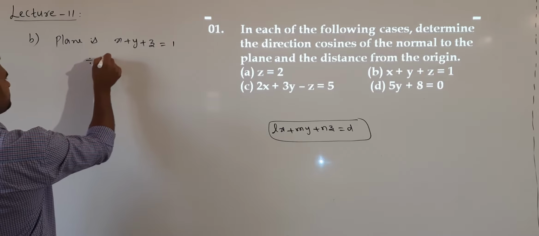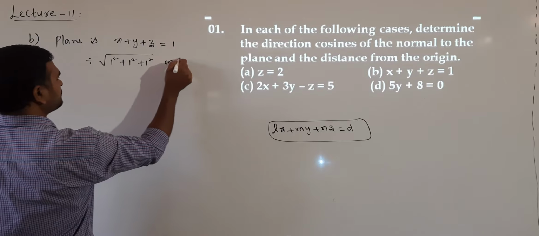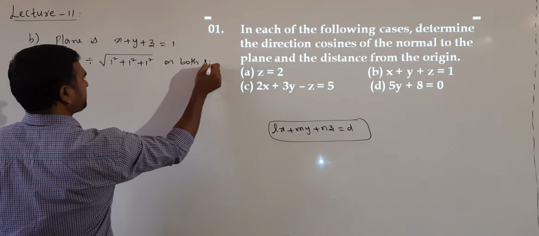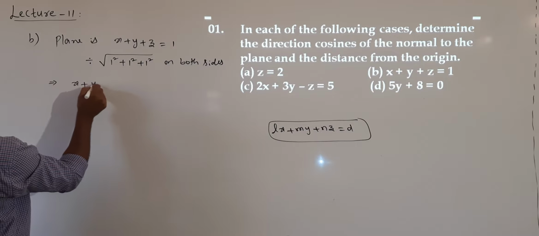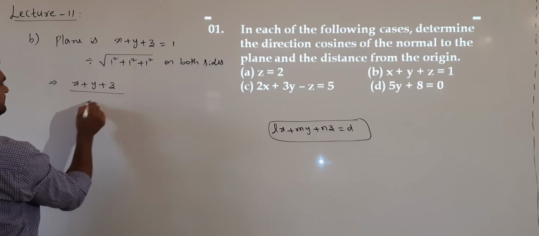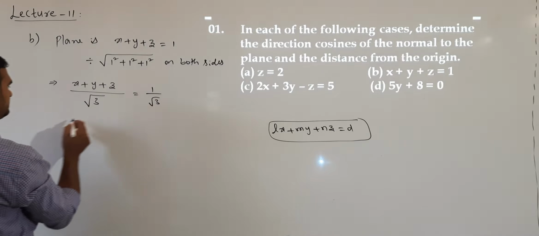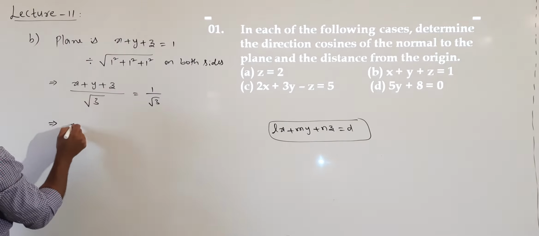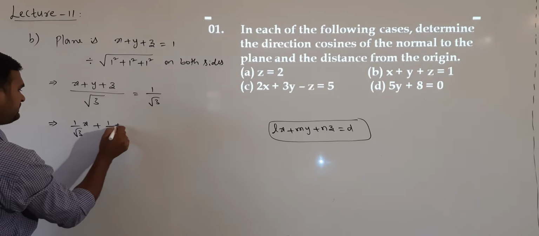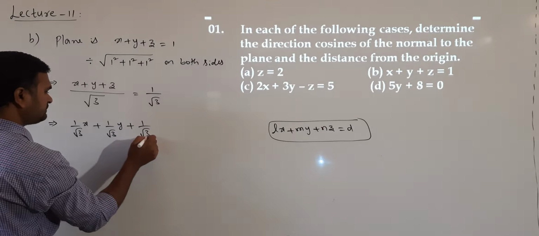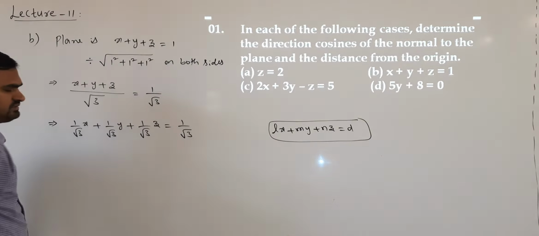Divide root of 1 square plus 1 square plus 1 square on both sides. See what we get? x plus y plus z divided by root 3 is equal to 1 by root 3. Now dividing separately, 1 by root 3 into x plus 1 by root 3 into y plus 1 by root 3 into z is equal to 1 by root 3.